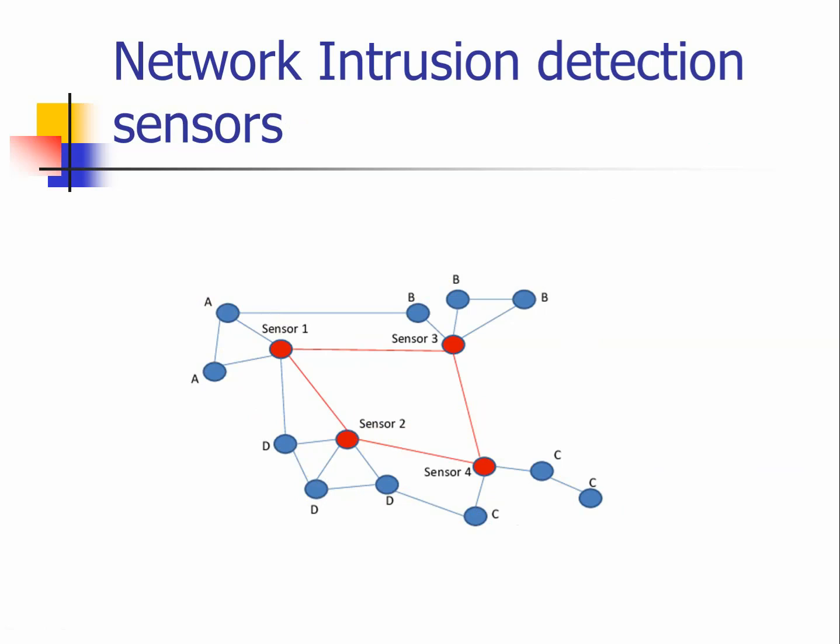Basically, to do this in different systems, you try to embed your sensors. If you embed your sensors over there, that is considered the network version of the intrusion detection system, while if you try to read the logs inside of each machine, that would be considered the local version of the intrusion detection system.